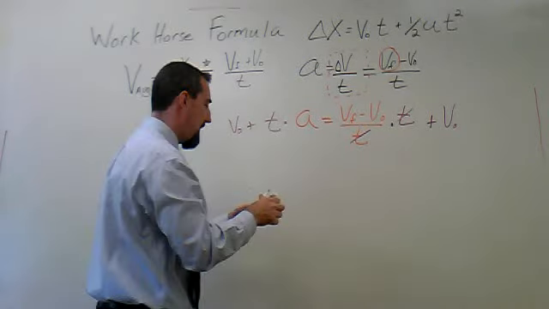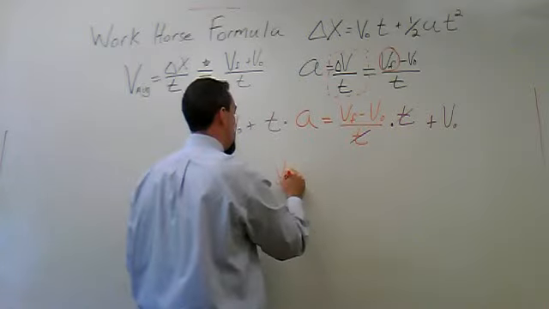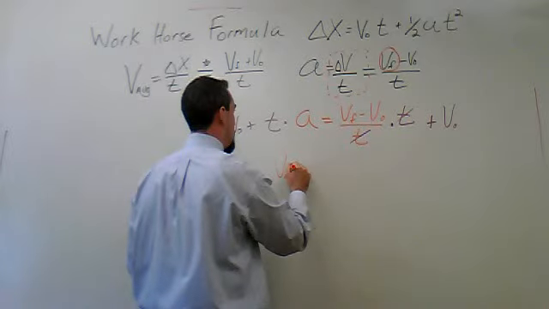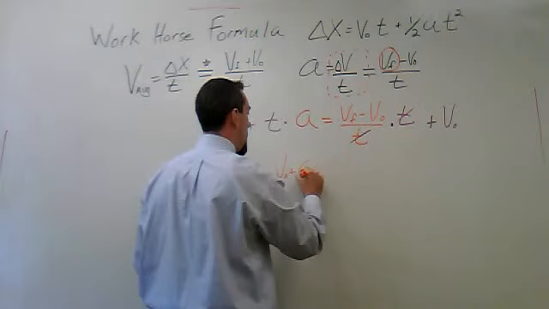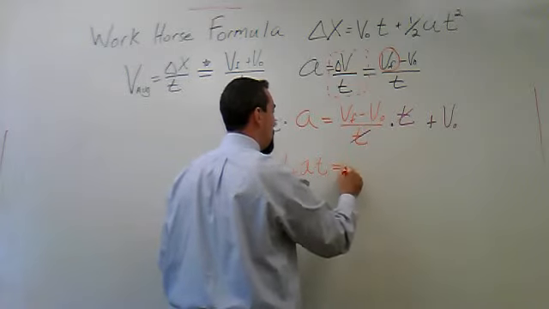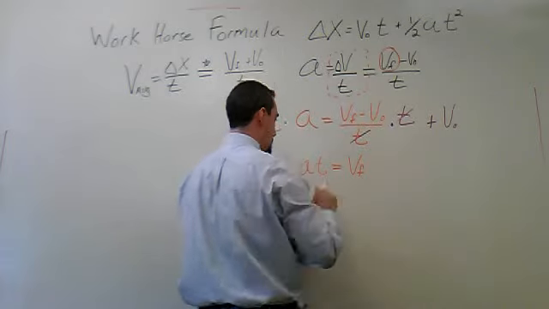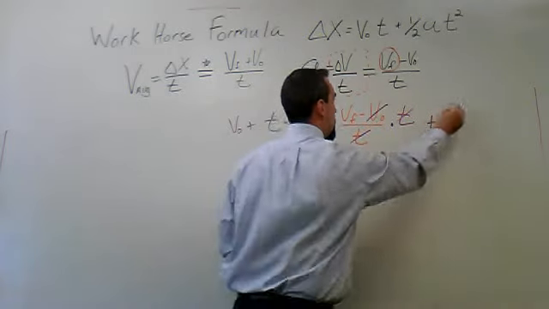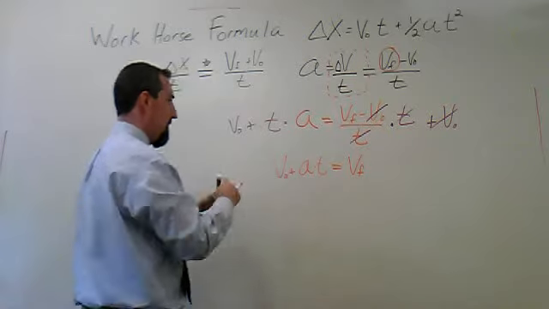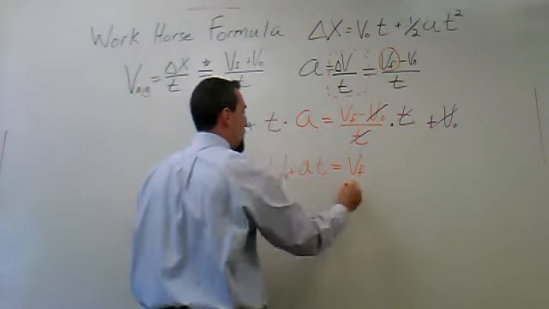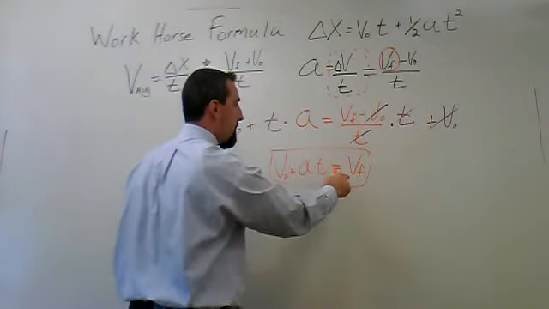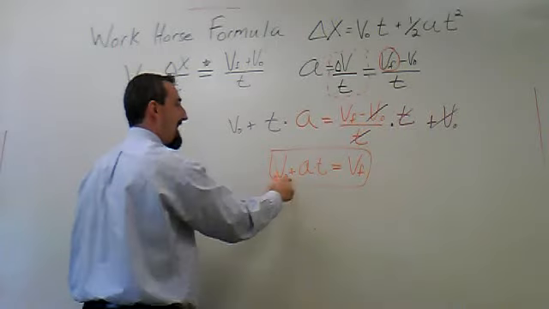So now what do I have? Vo plus A times t is equal to Vf, because Vo minus Vo canceled out. So here we go. I now have rearranged this equation. I now have Vf equals, which means whenever I see Vf, I can write that instead.